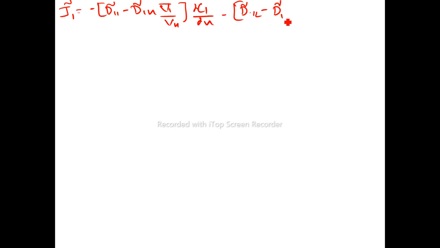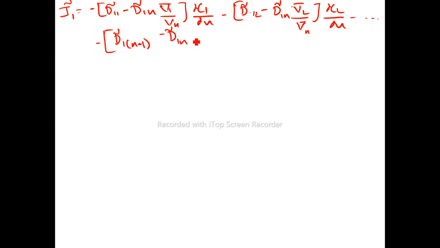J1 tilde equal to minus D11 tilde, D1n v1 bar to the vn, so dou cn by dou x, minus D tilde 12 minus D tilde 1n, so v2 bar divided by vn bar, dou c2 by dou x, up to n minus 1 terms. I will write it as a bar thing.